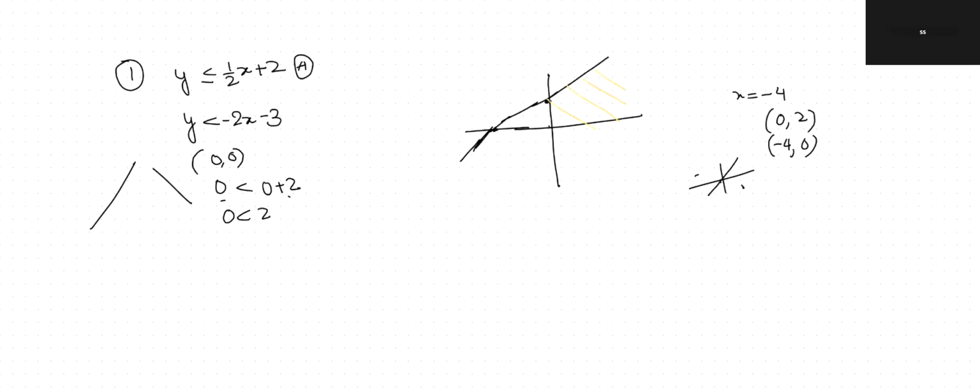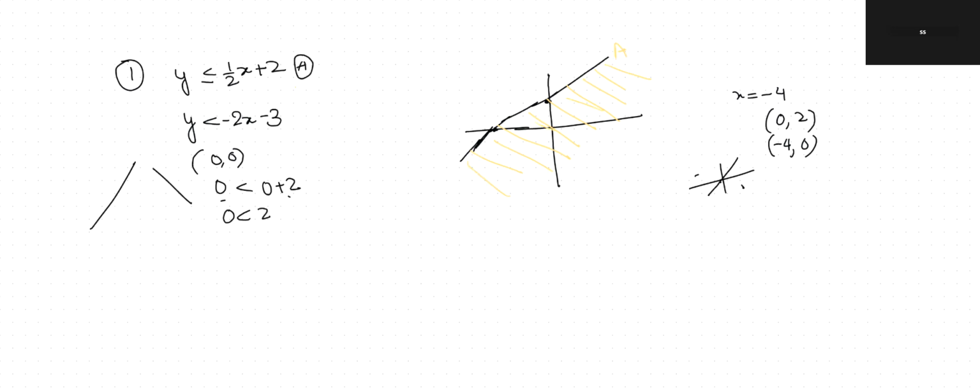This is line A. Because 0 is less than 2, 0 is a part of the solution. So we shade all over the part which covers 0, 0. So this yellow part is the solution for the first equation.